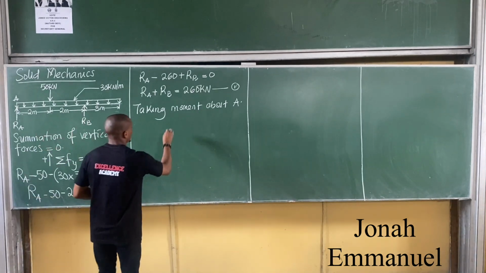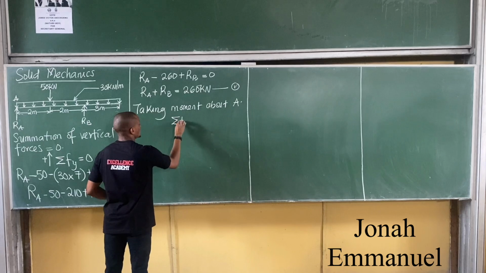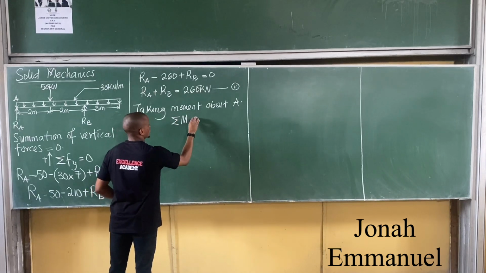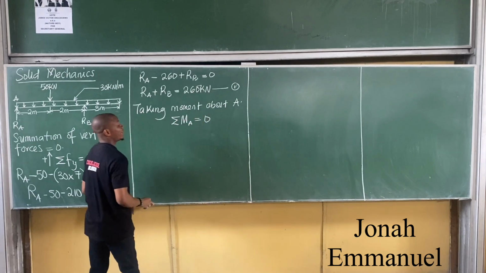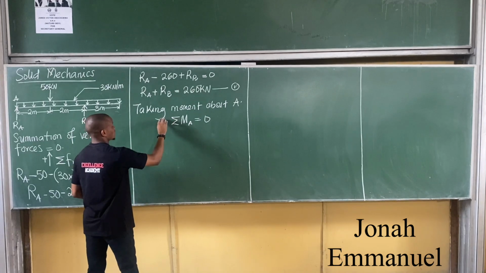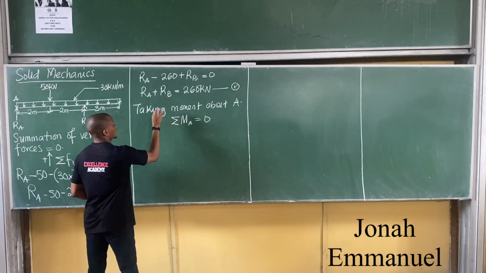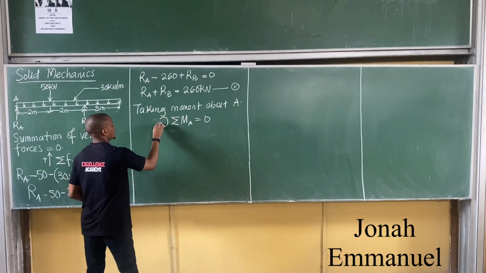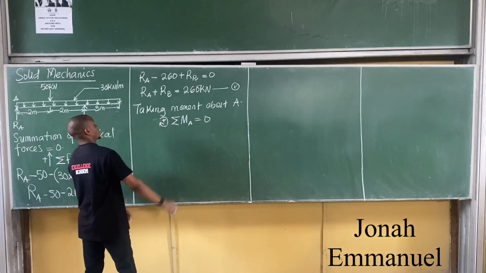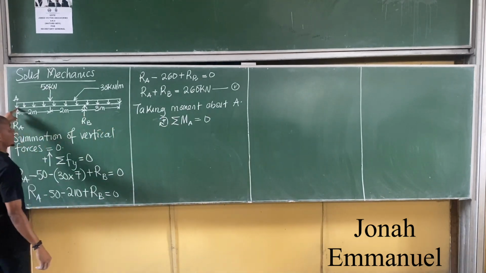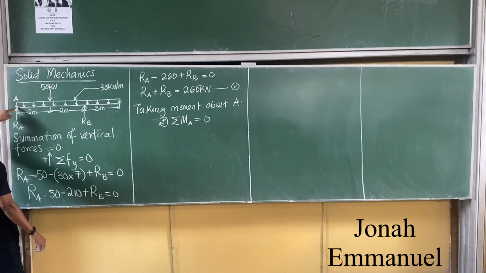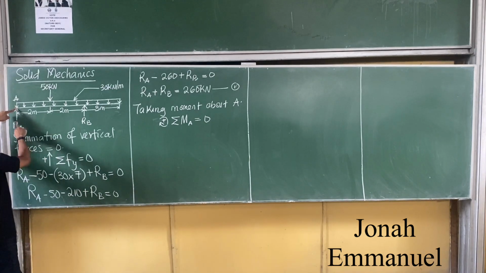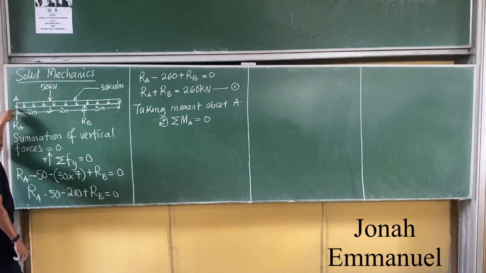We said the sum of the moment about A is equal to 0. Trying to indicate direction, if it's going this way, that's clockwise, becomes positive. Alright, so here's my A. On this point A, I have RA, and RA will not be considered because the distance is 0.